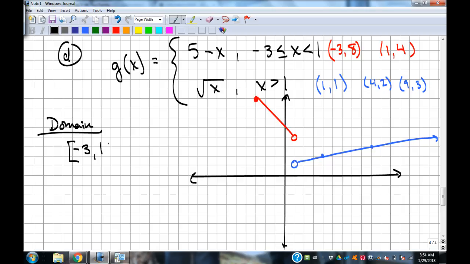And then 1. And we're skipping 1 altogether. Nobody uses 1. Is that right? Just want to make sure I'm writing the right thing here. And then what? 1 to infinity. Yeah, that's right. The blue one picks it up from right after 1 and goes out to infinity there for the domain.